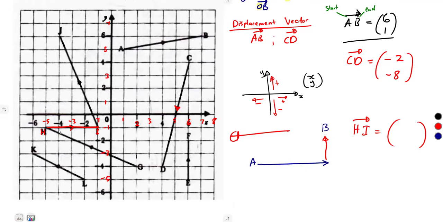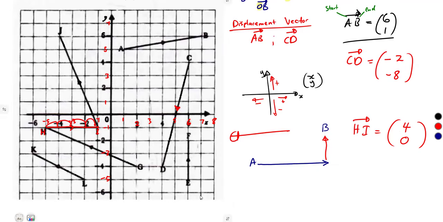From H going to I, we moved how many units? 1, 2, 3, 4 units going to I. And that's going to the positive, going to the right. That's +4. How many units from that point I going down or going up? We are not going to move any because we are already at that point I, where the point I is. So there's no movement in the Y-axis.